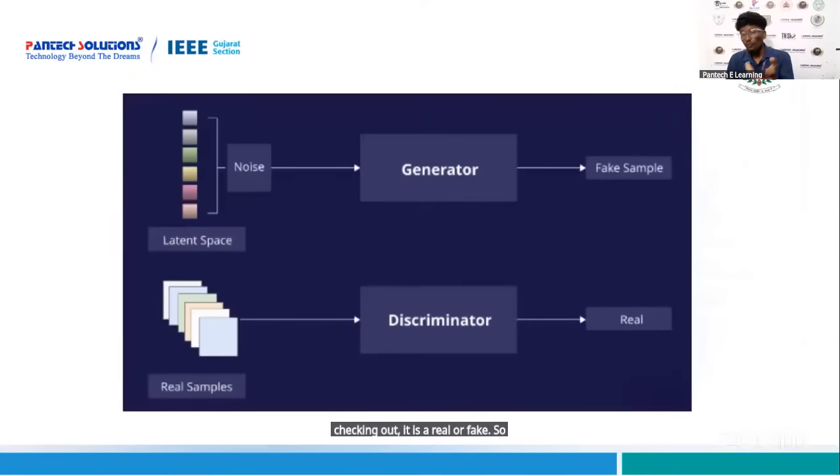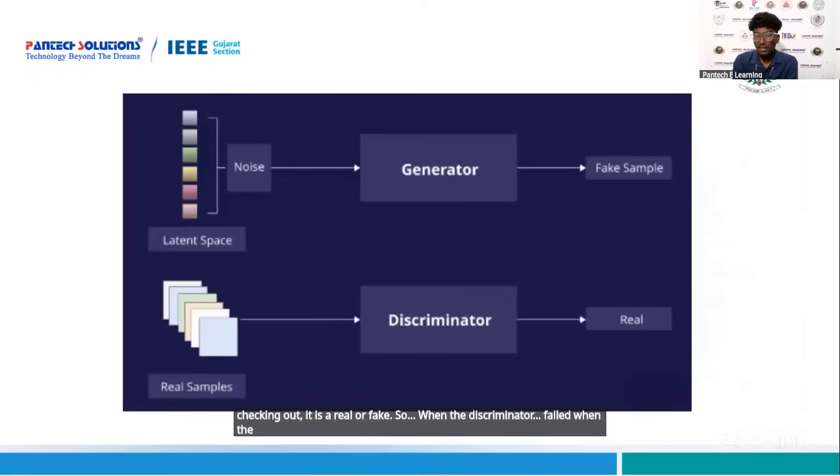When the discriminator accepts that the output is real, in that case the generator wins.